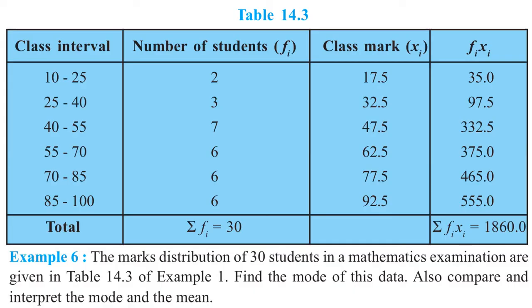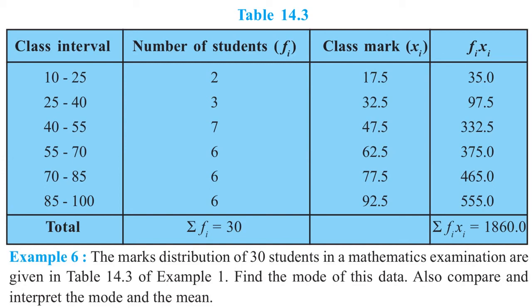Let's look at example 6. The marks distribution of 30 students in a mathematics examination are given in the table 14.3 above. Find the mode of this data. Also, compare and interpret the mode and the mean.